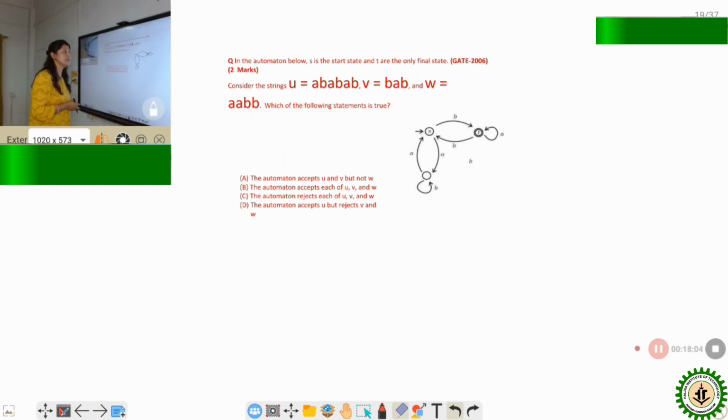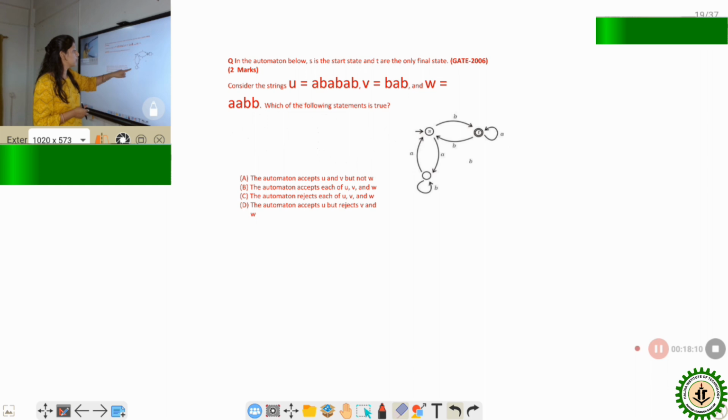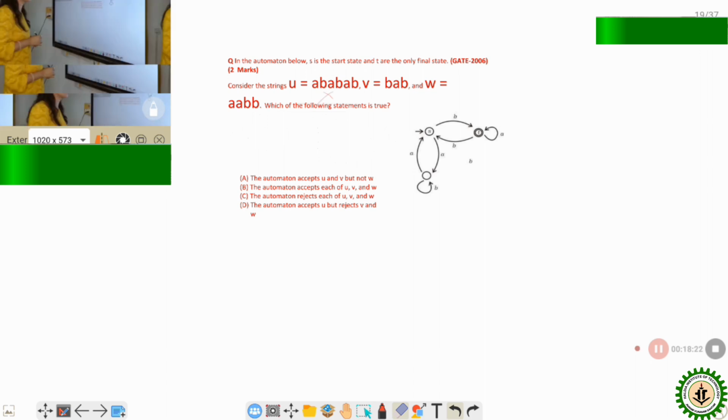Now we are going to check this. So ABABAB. If we apply A on the start state, it will go to this state. A, B, A, B, A, B. Right? This is not accepting. Next is BABAB. BABAB is not accepting.